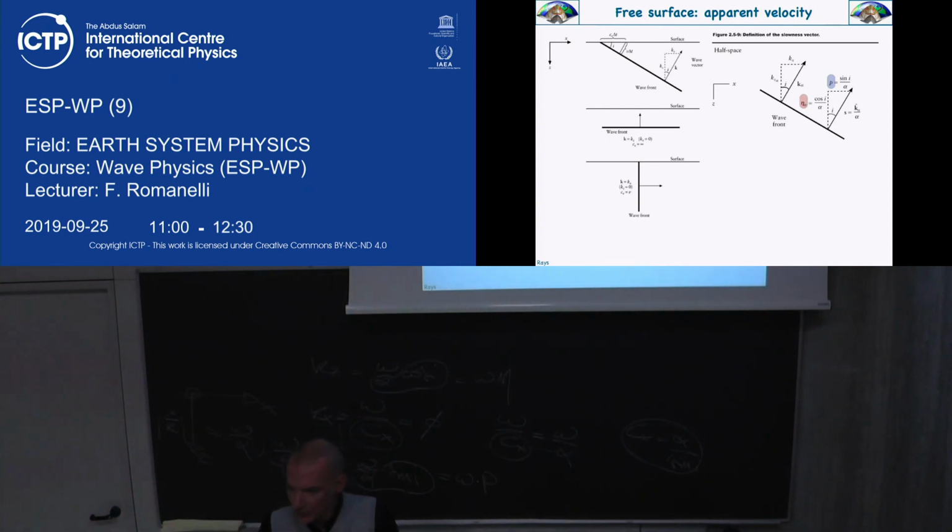Z will change to reflect the change of directions, but not x. That's why that P that you see there will become in a few slides what is called ray parameter. It's going to be constant. Once it starts, it's forever.